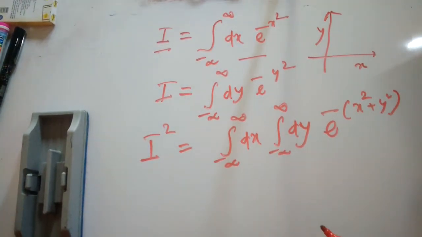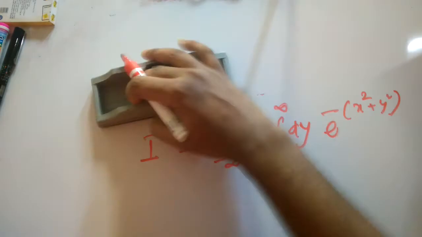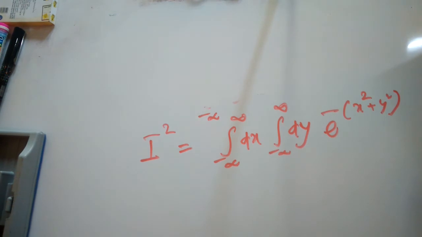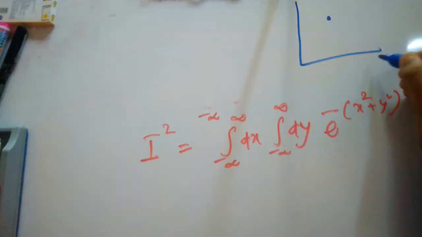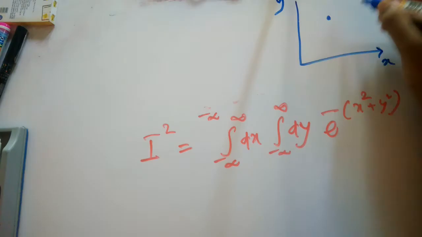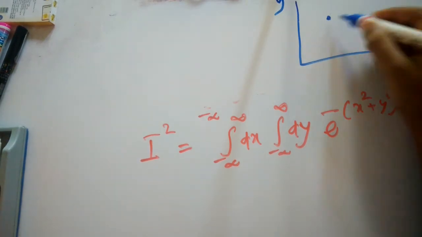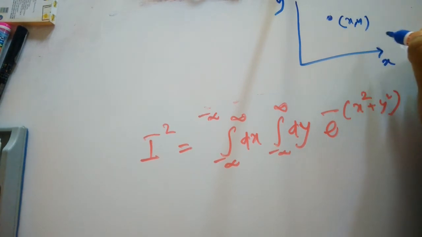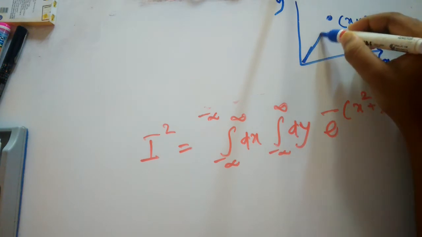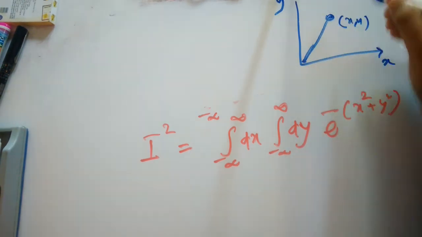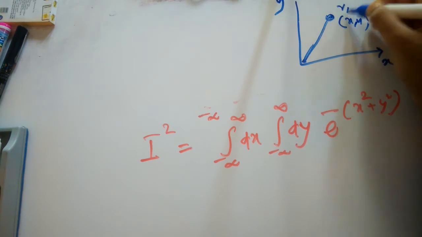Now, why do we have to do this? Because we have knowledge of polar coordinates. In Cartesian coordinates we locate the point with respect to x and y. In polar coordinates we define this point in terms of two variables, r and theta.